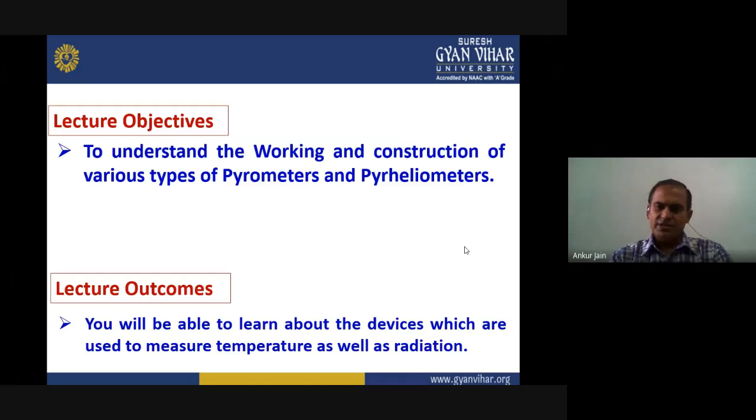The outcome is quite obvious. After attending this lecture, you will be able to learn about the devices which are used to measure temperatures as well as radiation. And by measuring radiation, after all, you can measure the temperature of a radiating body also.